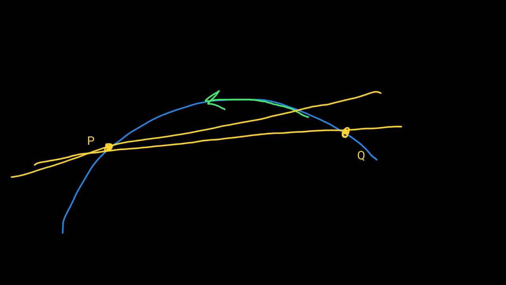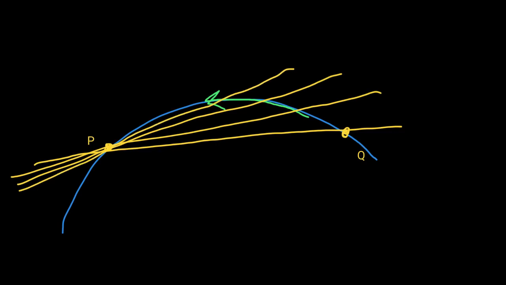And imagine Q moves now even closer to point P. Then, this is going to get sloppy here, but I think you're going to see the idea. And now here's my secant line. And so we're allowing point Q to get closer and closer and closer to point P. So now here's my secant line, and as point Q gets closer and closer to point P, the secant line ends up approaching something called the tangent line.